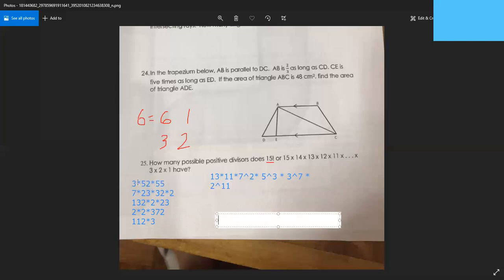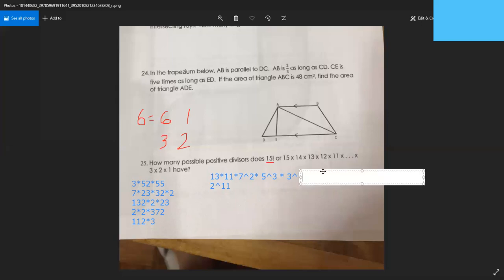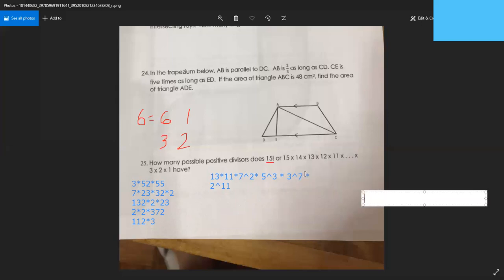How many threes? There are only 6 threes, sorry. So this must be 6. Let me check that again: 13 times 11 times 49 times 125 times 3 raised to 6 times 2 raised to 11.